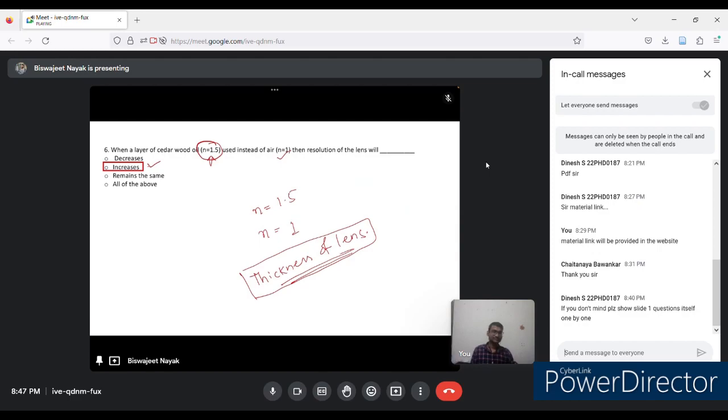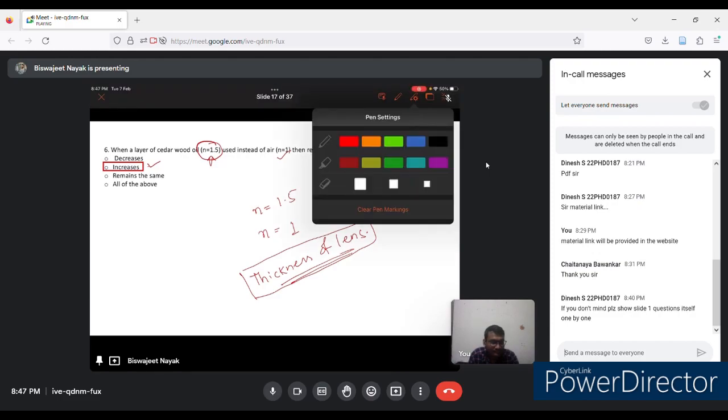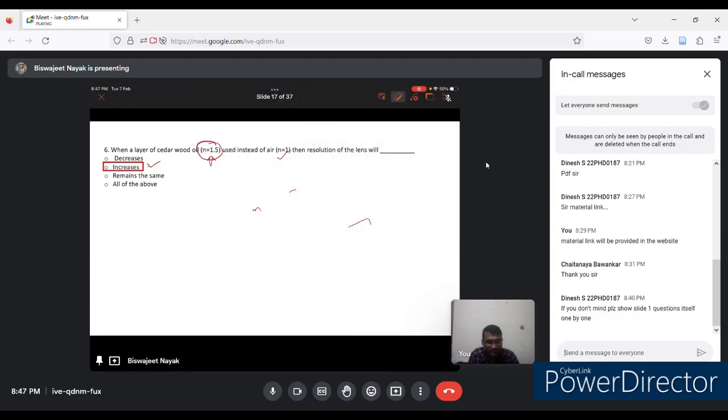Few seconds, sir, please. Yes, sir, we got it. They ask to calculate the optical path length difference, sir.